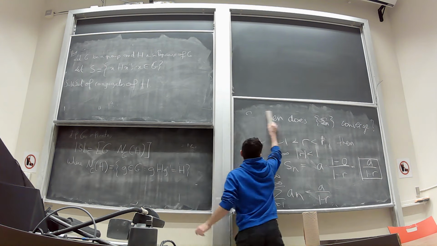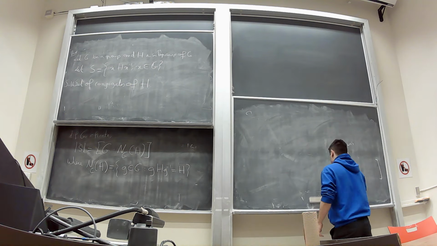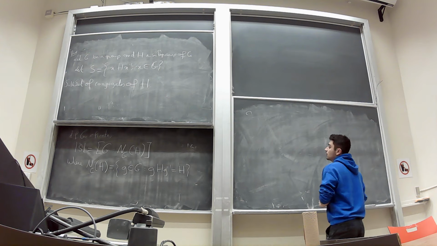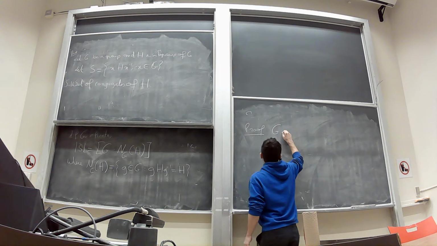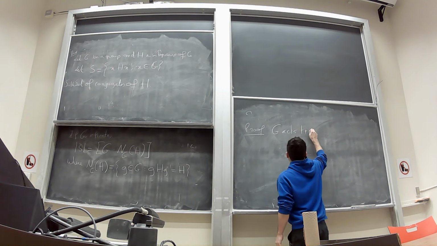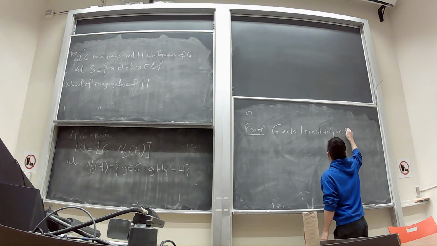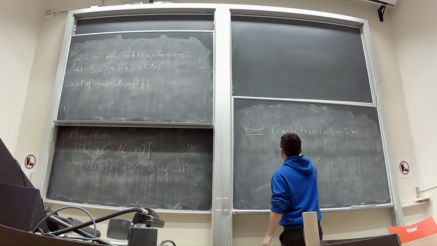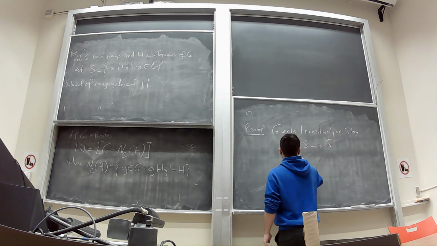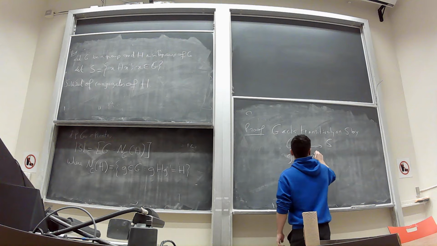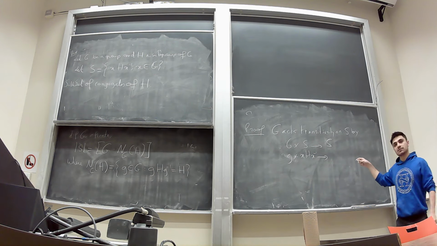Proof. G acts transitively on S by the following: you take g star xHx inverse. What does it give me back? Everybody, what does it give me back? g x H x inverse g inverse.